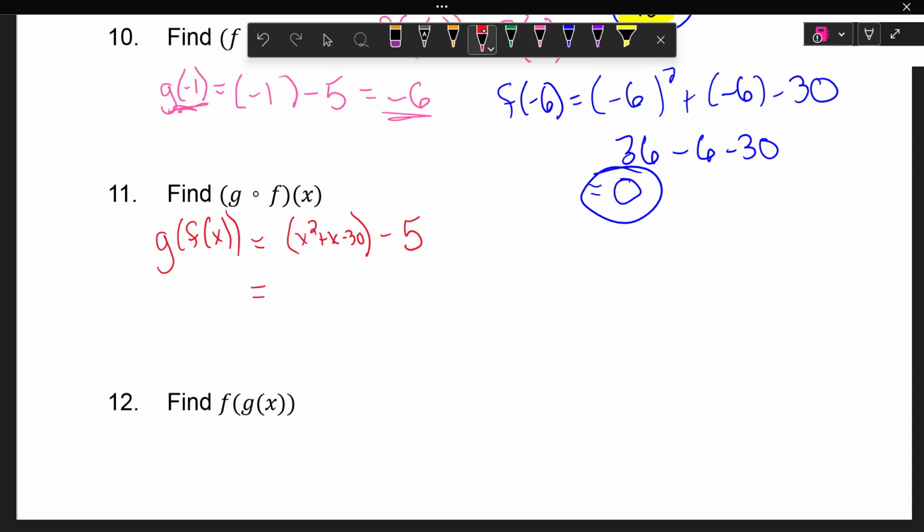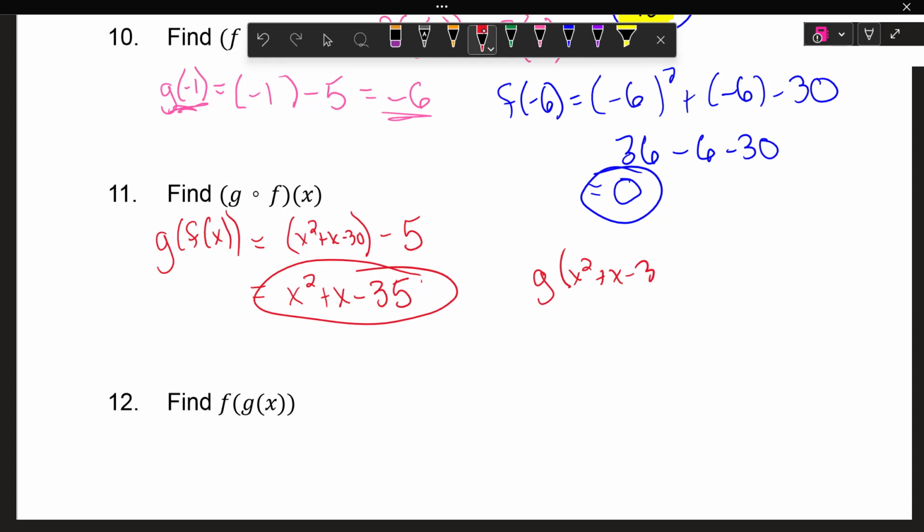So all we're doing is taking that and we're subtracting 5. So it's x squared plus x minus 35. So really wasn't too bad. We also could have written it as g of, and then f of x was our x squared plus x minus 30. So we plug that into the g equation, which is what we did up here.